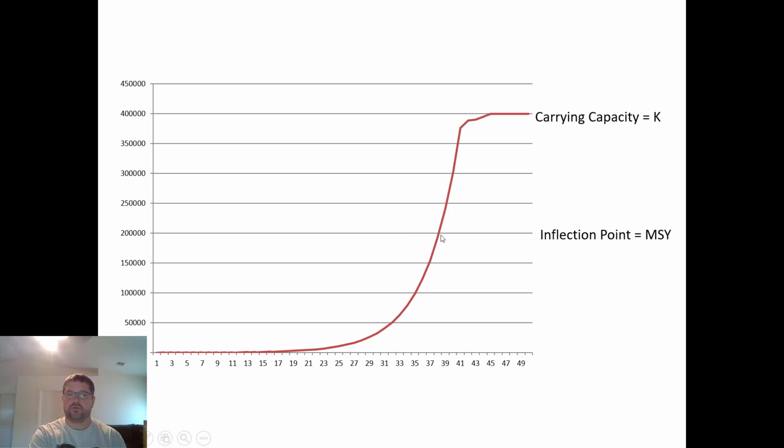Terrestrial harvest can also do the maximum sustainable yield, but often they're not interested in that because they're interested in selecting maybe a single sex. So you're only going to hunt for males, or you're only going to shoot one female duck and the rest have to be males, or something along those lines.